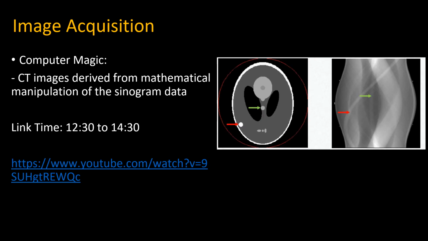This is essentially the computer magic that I referred to earlier, where the computer makes an image by manipulating that sinogram data. This YouTube video here has a nice demonstration of the process over minutes 12 to 14, which I recommend watching.